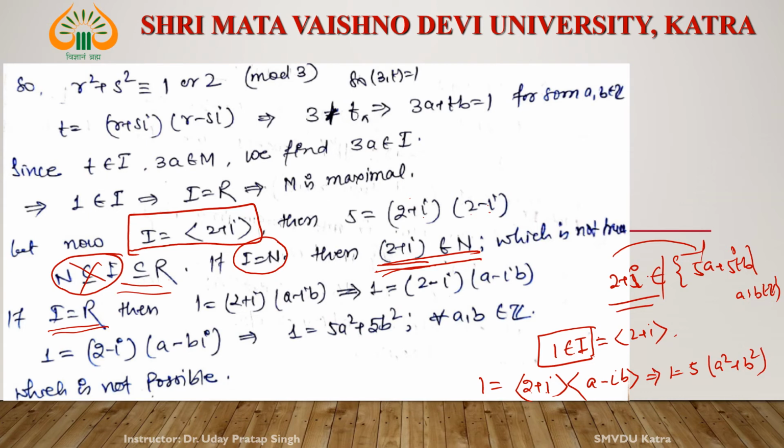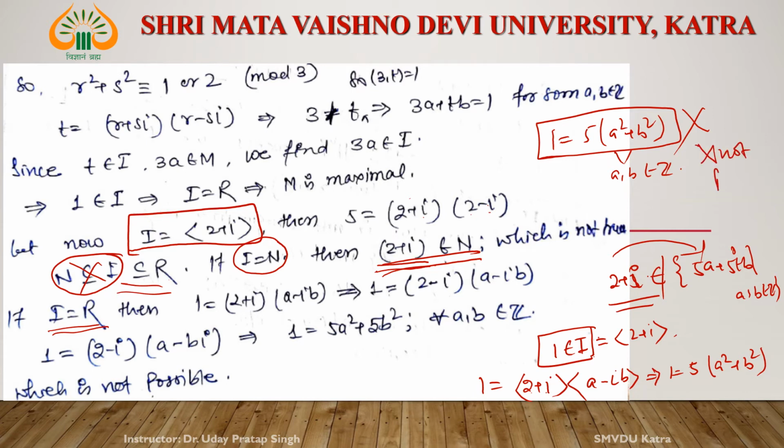Right? Is this possible for any a, b belonging to Z? Does this equation have any solution? No solution in Z. Okay, so this is not possible.